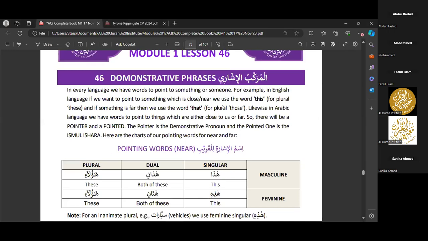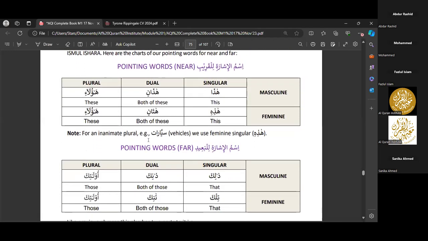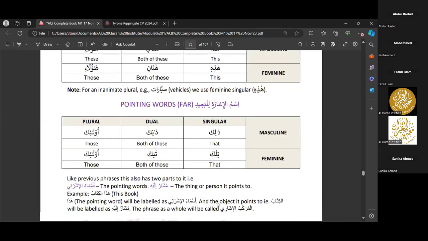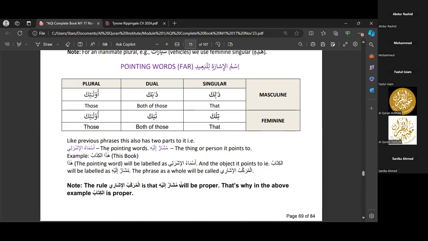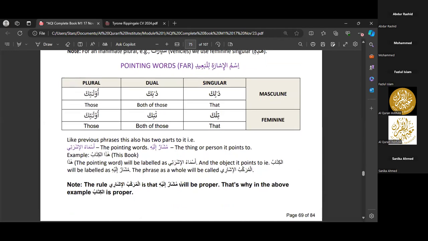In every language, we have words to point to something, and we use the word this or that: this for things that are close, and that for things that are far. The thing that we are pointing at will always be ma'rifa.